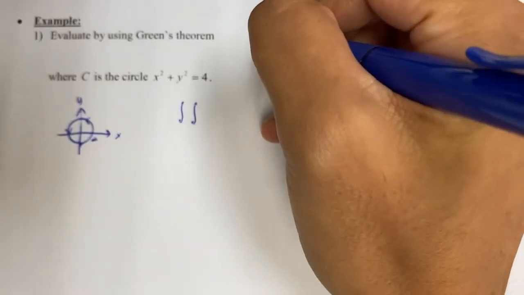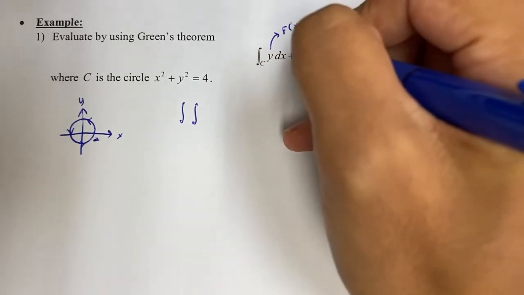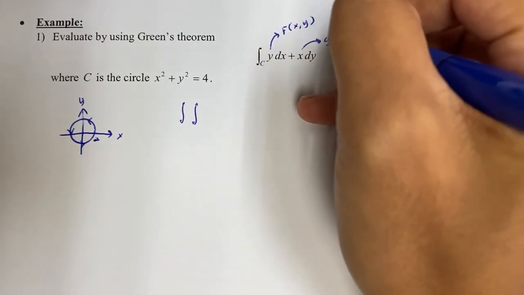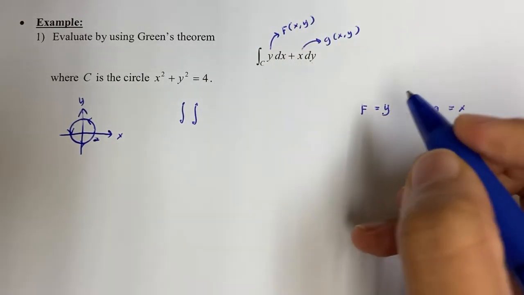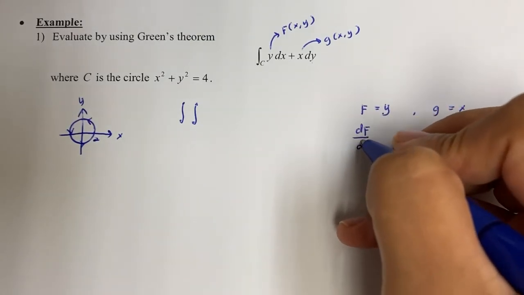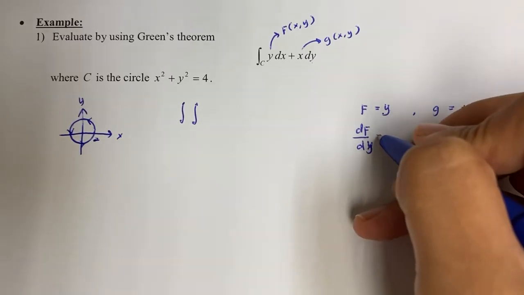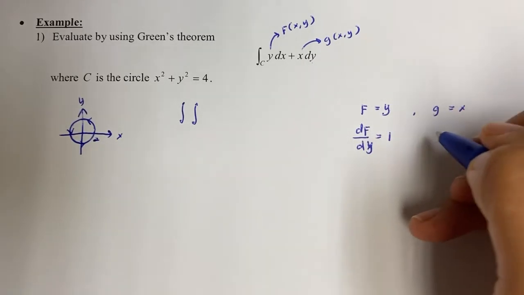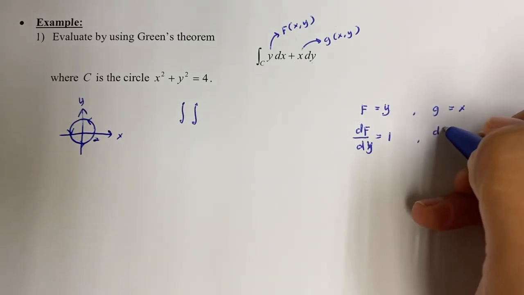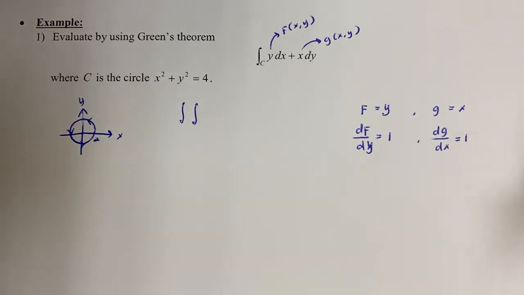This is f(x,y), and this is g(x,y). So for f, we need to find df over dy. So this is equal to 1. Okay, and for g, we need to find dg over dx, and this is also equal to 1.